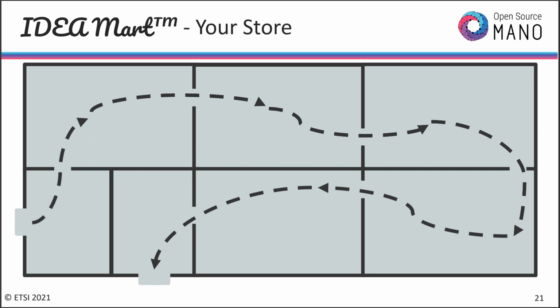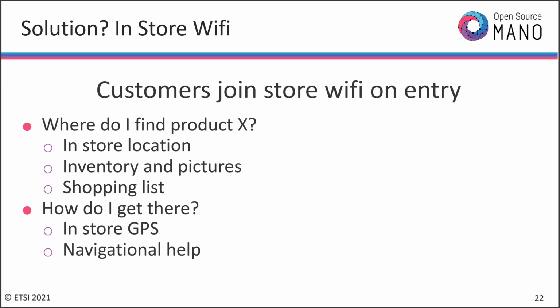So we've decided to create a new in-store experience, which is basically the IdeaMart GPS. We have in-store Wi-Fi happening here. So when you come into the store, you can automatically join the Wi-Fi on entry, and there's things like, well, where can I find such a product?